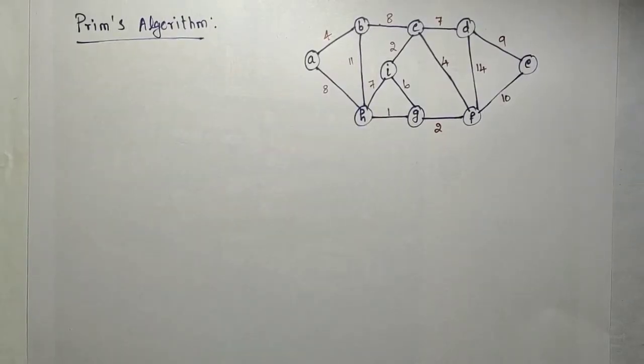Let us start discussing Prim's algorithm. Assume this example, an undirected weighted graph.